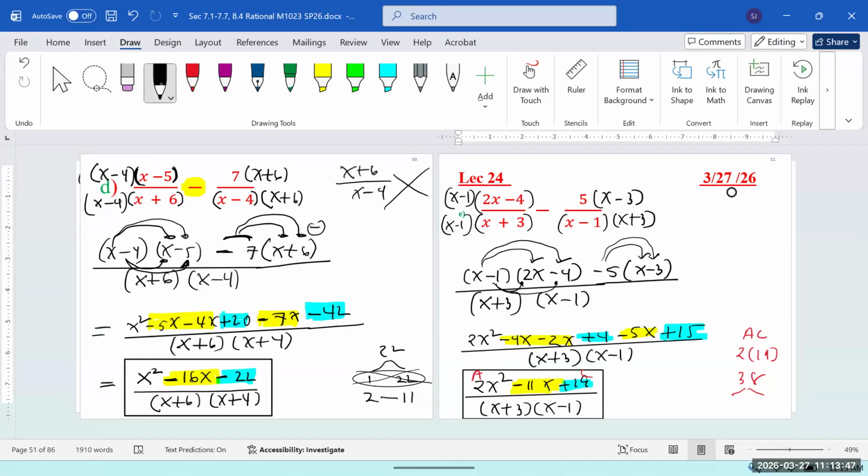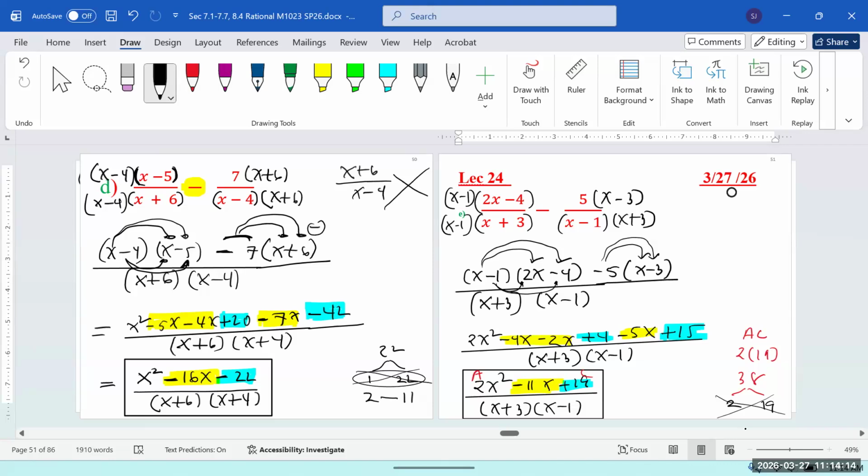Then we have 2 and 19. 2 plus 19 is 21. And 2 minus 19 is 17. But how much do we need? Can you get 11 from 2 and 19? And then that's it. 38 doesn't have any more factors. So it's not factorable.